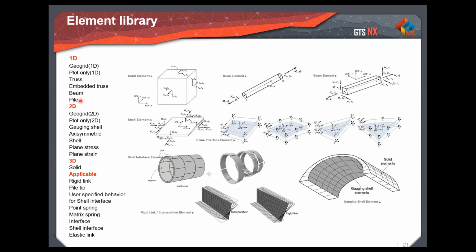So what could be the skin friction and what could be the pile end bearing resistance. These are all the other applicable elements which will be very helpful in order to have a good, realistic analysis and good results extraction as well.